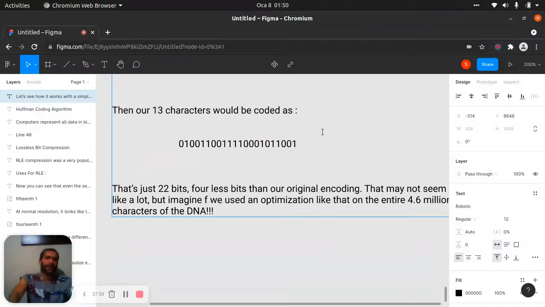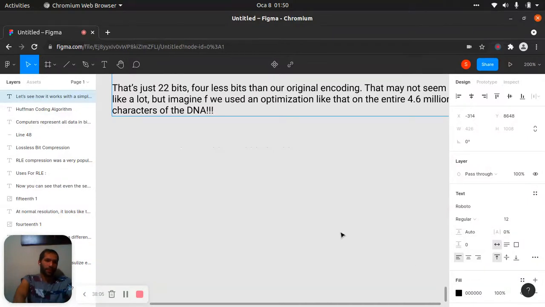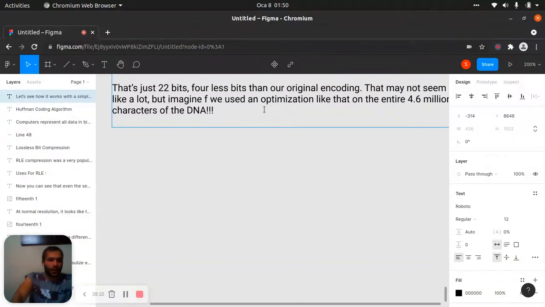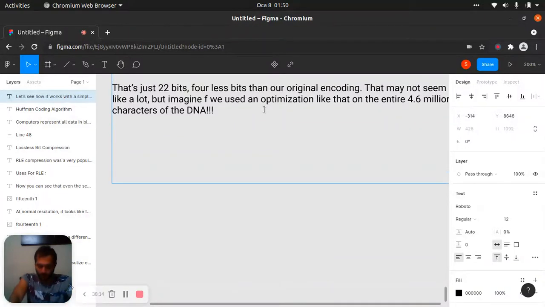Yes, this is the important point I told you. For now, it's just these 22 bits. But if you think about 4.6 million, it will be an amazing saving there. It will compress lots of it.